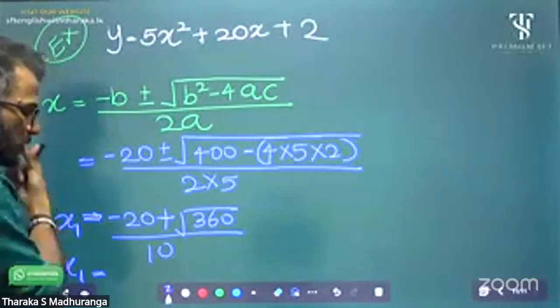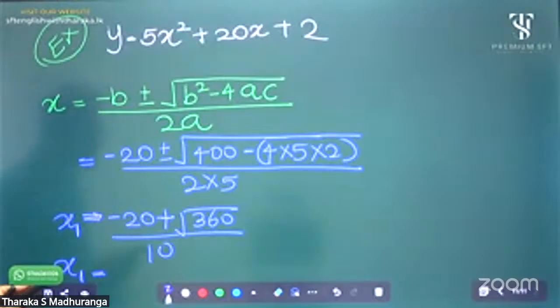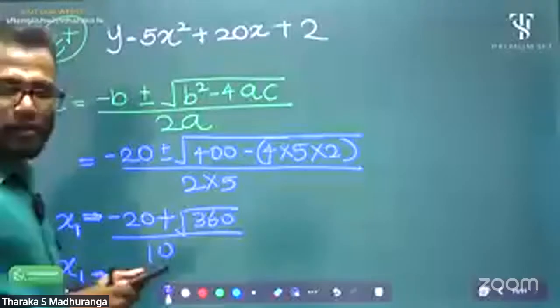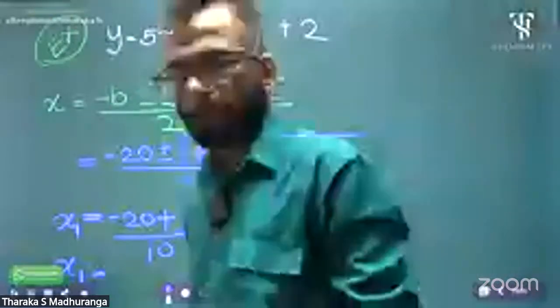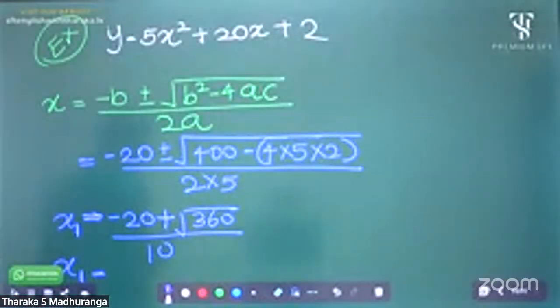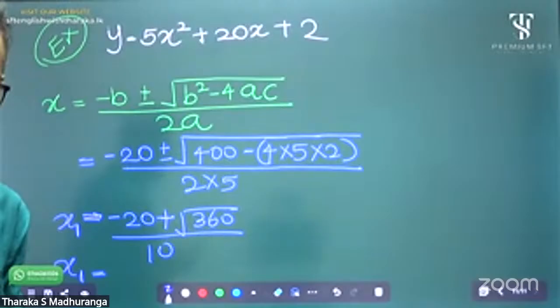You can use a calculator. Minus 20 plus the square root of 360, divided by 10. Can you send me this value quickly?